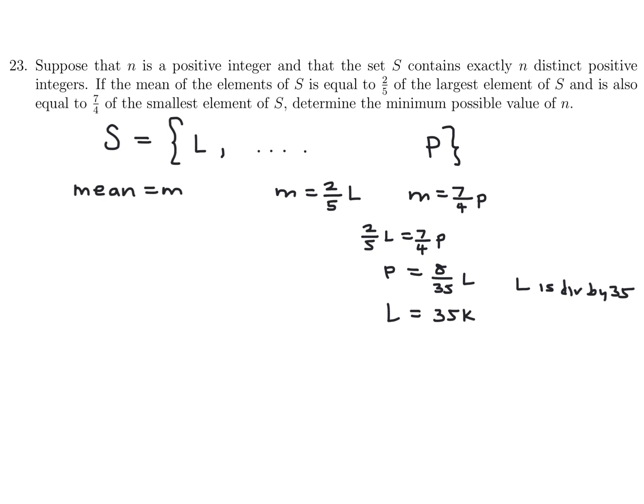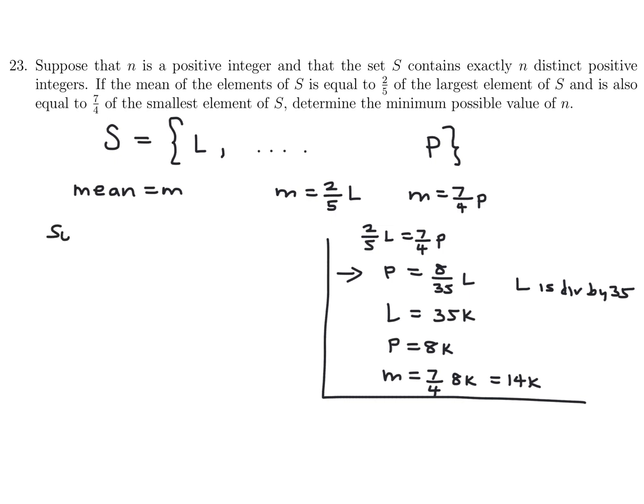And if you substitute 35K into there, you'd basically get P equals 8K. Okay, and therefore M, the mean, would be 7/4 of P, which is 7/4 of 8K, which is 14K. So you've got everything in terms of K.